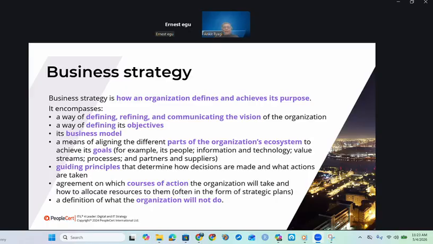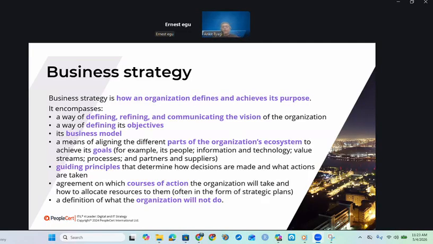It determines how decisions are made and what actions are taken. Agreement on which course of action the organization will take and how to allocate resources to them, often in the form of strategic plans. And the definition of what an organization will not do. Well, it is an important aspect. Many organizations overlook this aspect.